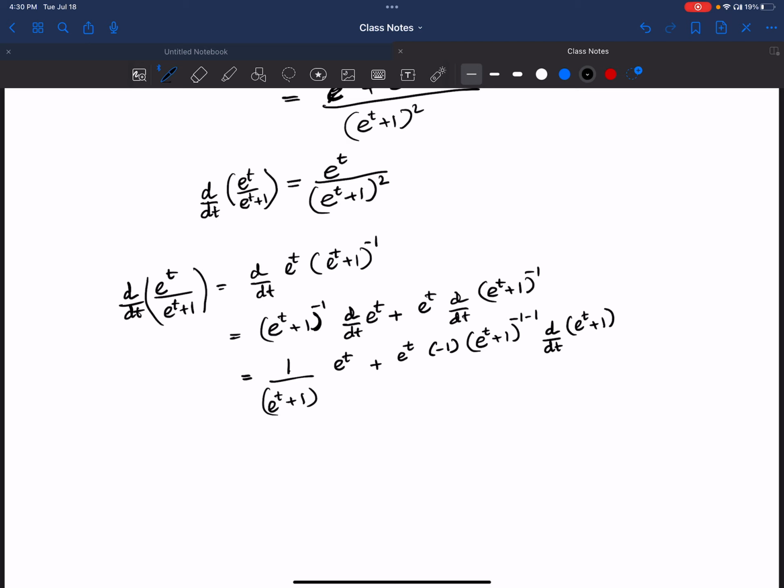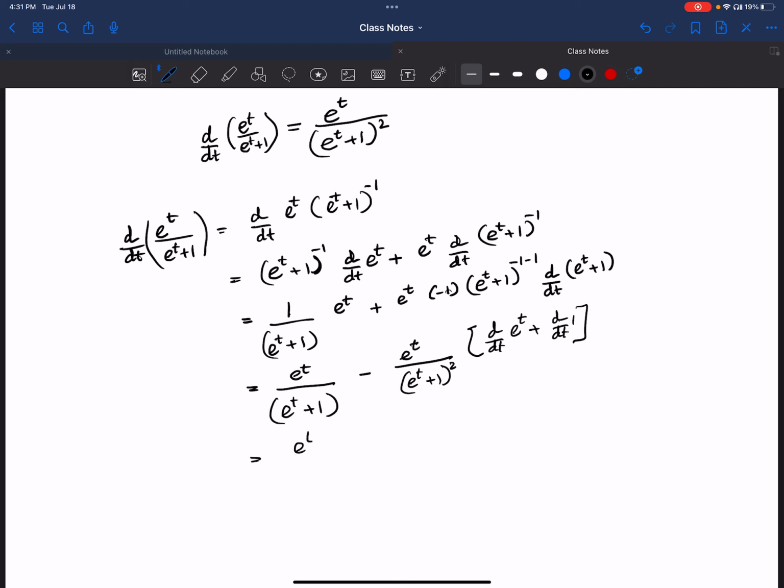And then you have e to the power t divided by e to the power t plus 1, minus, because of this minus 1, e to the power t divided by e to the power t plus 1 squared. And what is this? Using the sum rule, d over dt of e to the power t plus d over dt of 1.